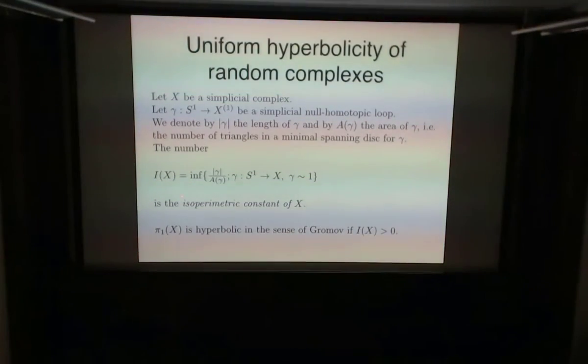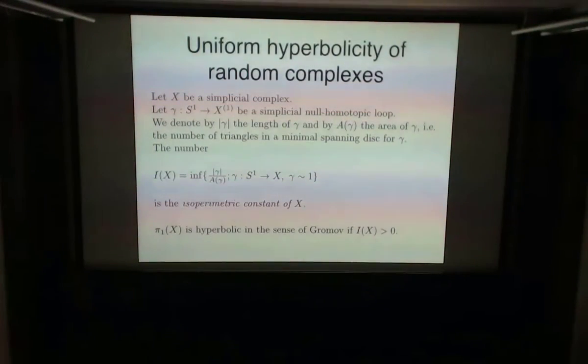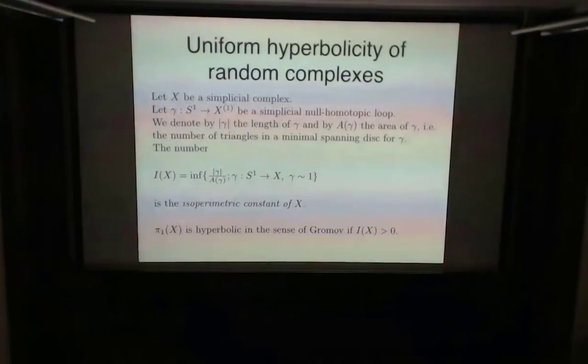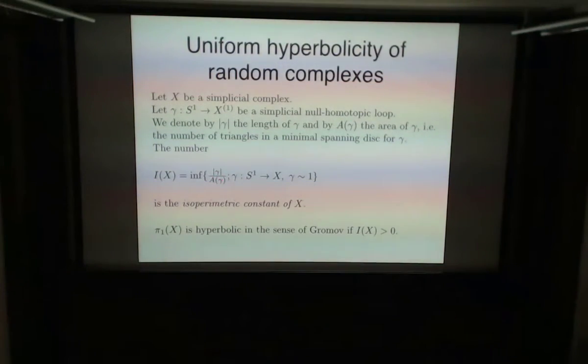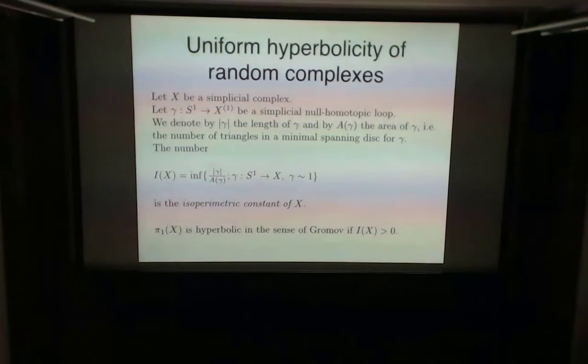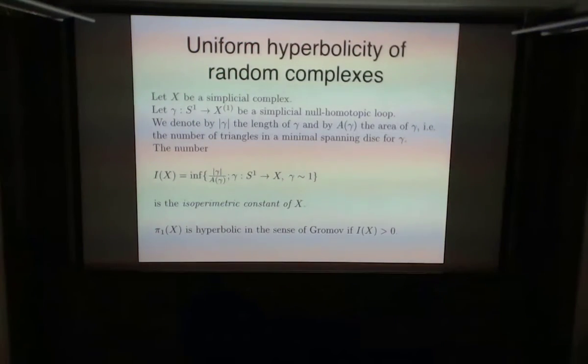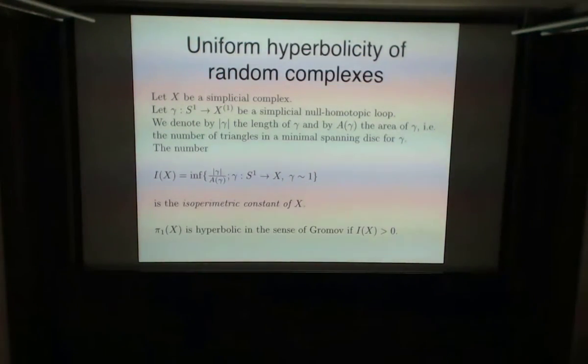Now we look at the number which is called the isoperimetric constant. We look at the ratio between the length of the loop and the area, and this we take over all null-homotopic loops in X. We take the infimum here, so we take the smallest ratio between the length and the area.